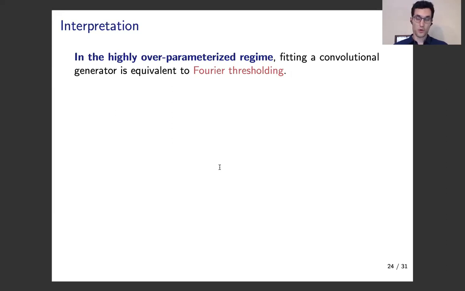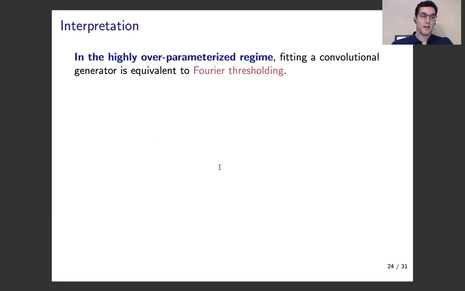Then we study this linear model and we bound the error. So that's how we formally prove it. But conceptually, if we make the network very wide, what the network is really doing is Fourier thresholding, in the sense that it fits the smooth component first, and then at some point we essentially threshold. We don't fit the high frequency components. That's what Fourier thresholding is.